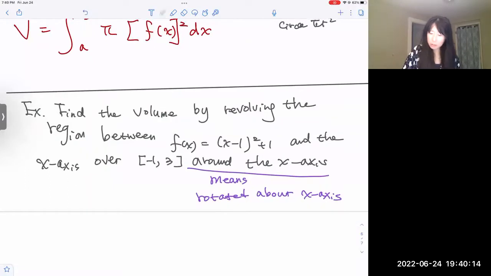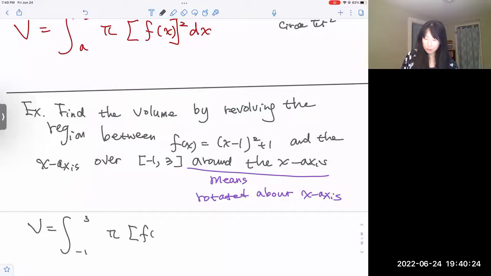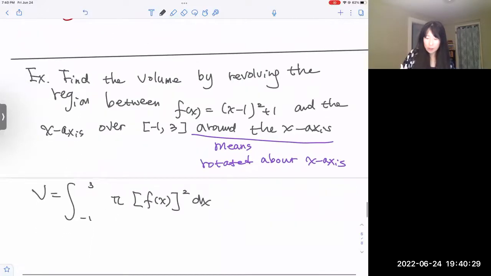So we're going to set it up. Volume, which is from -1 to 3, then pi r squared, which is f of x quantity squared dx. Now, from -1 to 3, take out the pi.